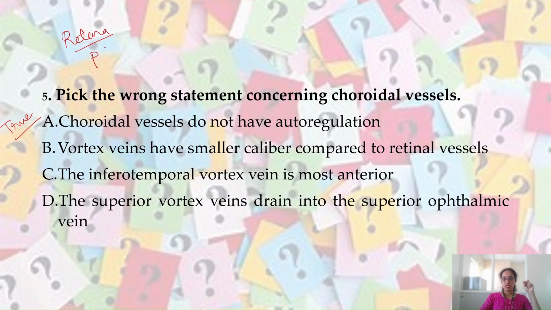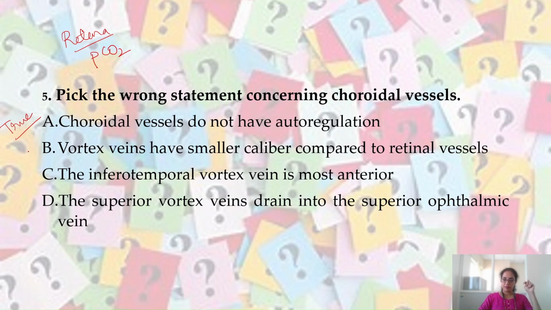This depends on the tissue PCO2. If the PCO2 is more, there is vascular dilatation. If the PCO2 is less, there is vasoconstriction. This autoregulation is completely lacking in choroidal vessels.